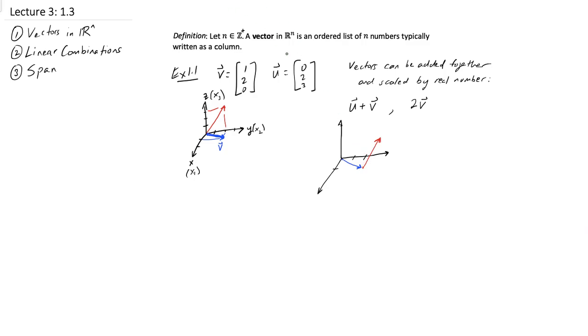And then u plus v is going to be the arrow from the start of the first vector. Let's do that again. Oops. So it's this arrow here. This is u plus v. And you can see this component-wise also.